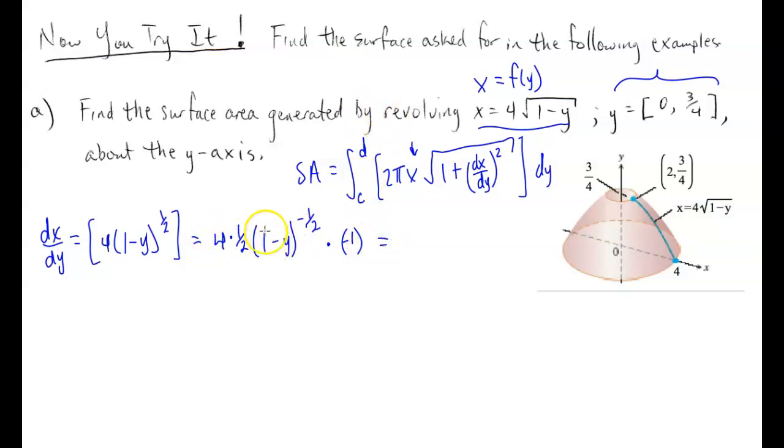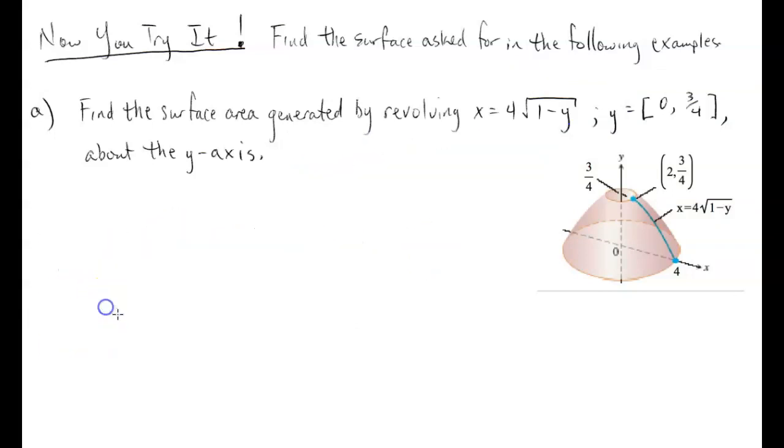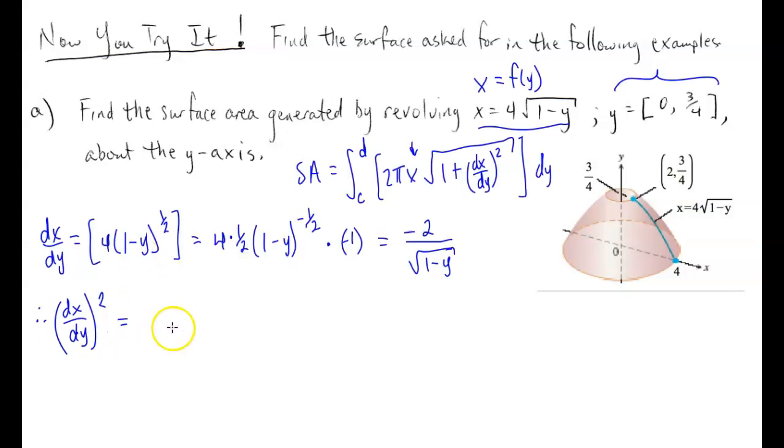If we clean all that up, this would end up being a 2, because 4 times 1/2 is 2, times a negative 1, so that would be a minus 2. We'll divide that by the square root of 1 minus y. Now, if we square this, we'll just end up getting 4 divided by 1 minus y.